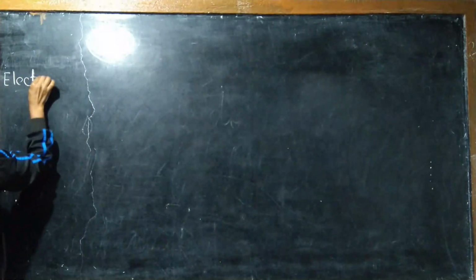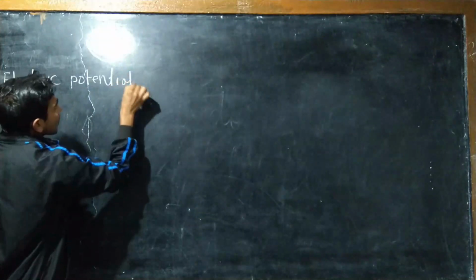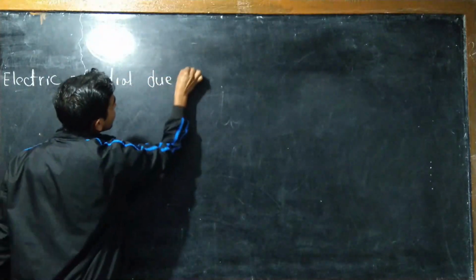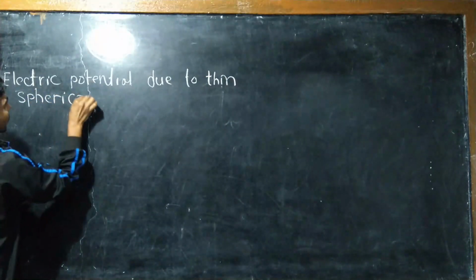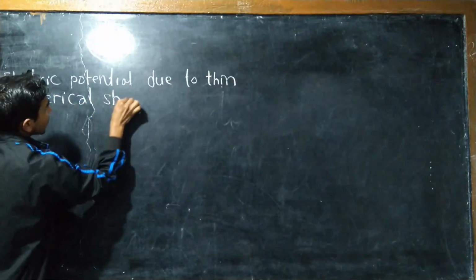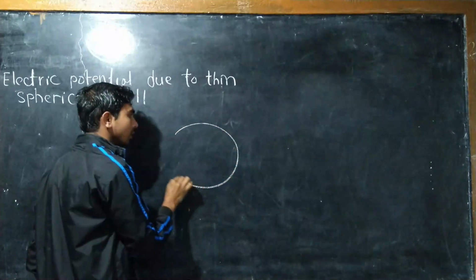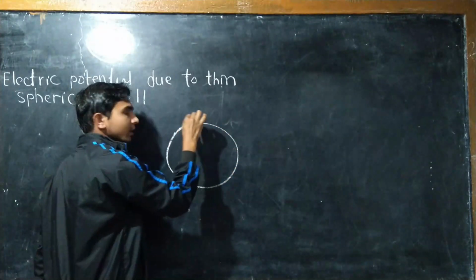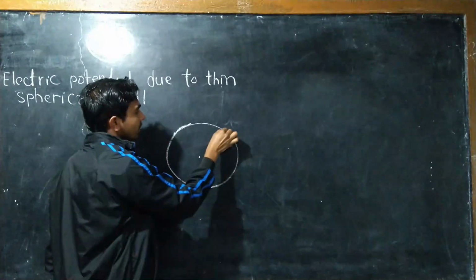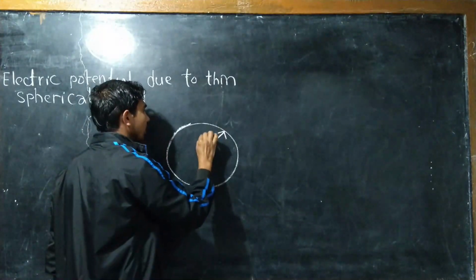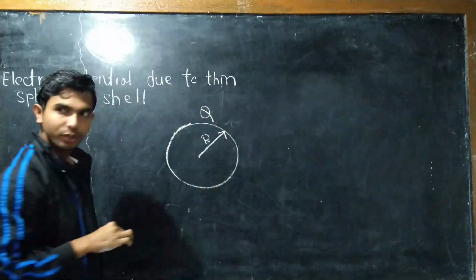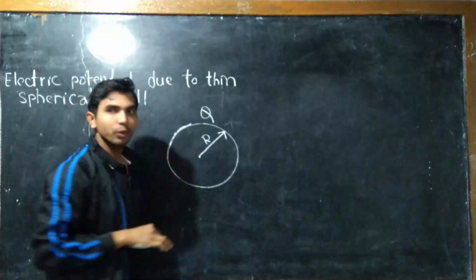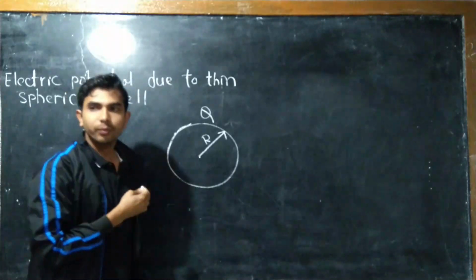So I'm writing here: electric potential due to a thin spherical cell. This is your spherical cell, and it has radius R, and the charge on this thin sphere is Q. How much electric potential it is creating, that we are going to calculate.